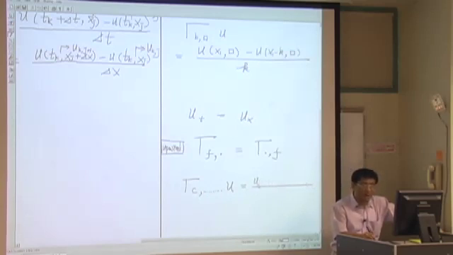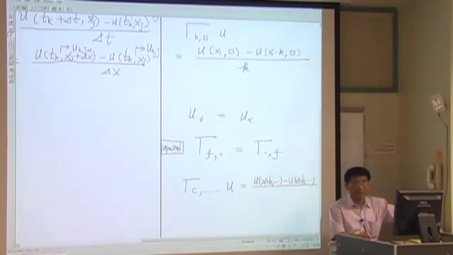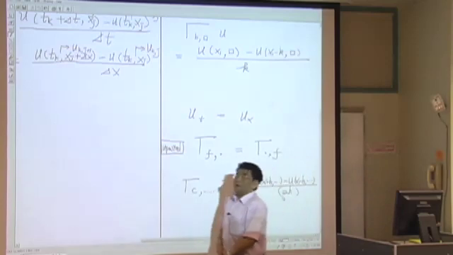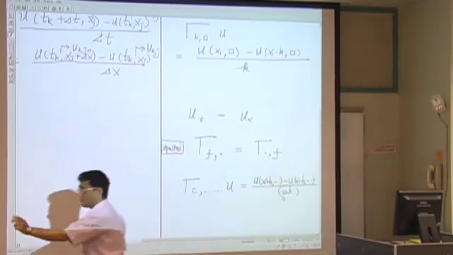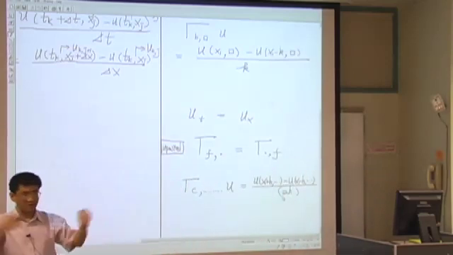U of x first variable plus h minus U of x first variable minus h. It is central, right? Central differences. What is the distance between these 2 points? 2h, right? So I have forward difference, backward difference, and then central difference.